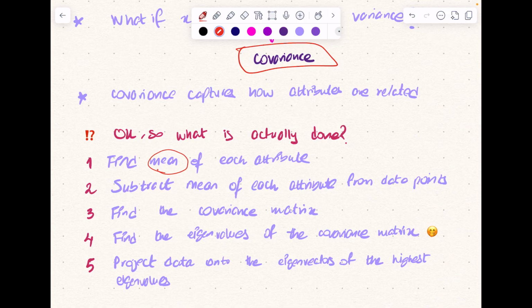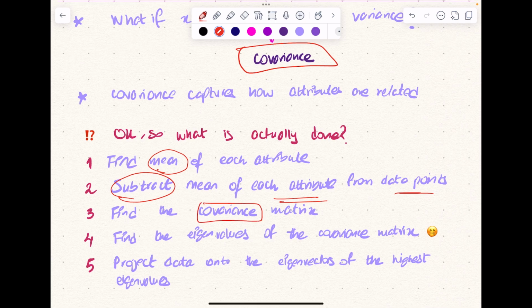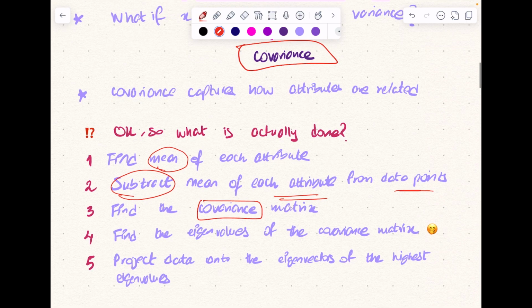Then we're going to subtract this mean from each attribute's data points, and next we're going to find the covariance matrix so we can capture the relationship between our attributes. And then after this, we're going to find the eigenvalues of our covariance matrix, using which we will find the eigenvectors onto which we will project our data.